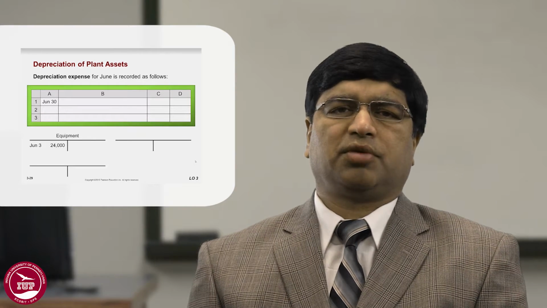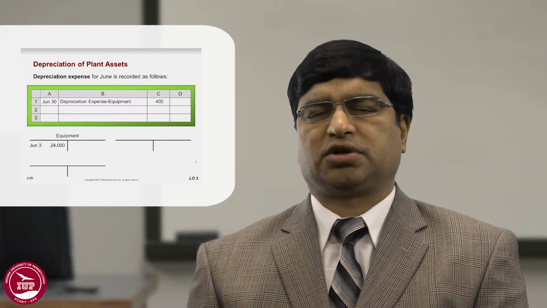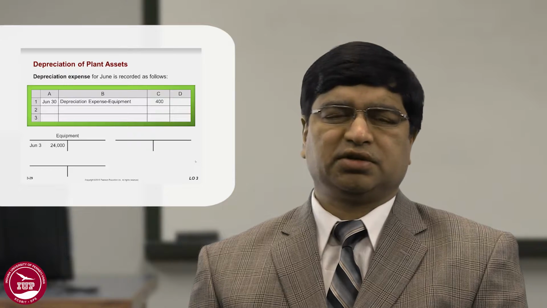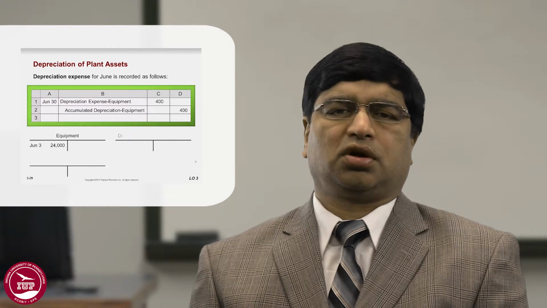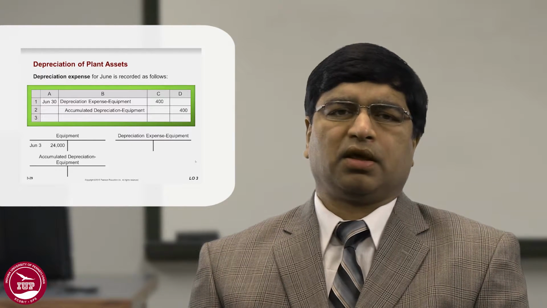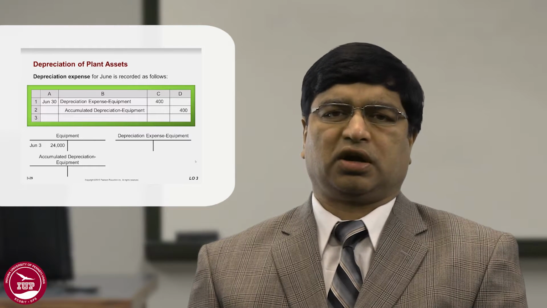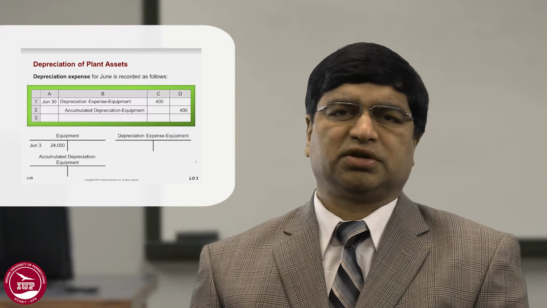So if you have to record the depreciation for the month of June, it is recorded as depreciation expense debited, because your expense is increasing by $400, and you have got a new account called accumulated depreciation account on equipment. Now, accumulated depreciation is a contra account. It is contra to the asset account in this case.